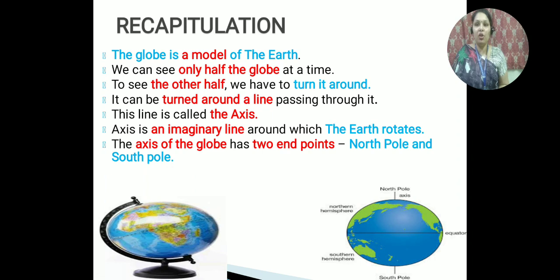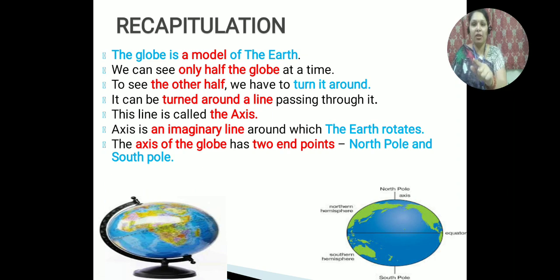The axis of the globe has two end points. And what is the name of those end points? The North Pole and the South Pole. On the right hand side of the slide, we have a picture of a globe where you can see an axis line going from north to south, passing through the earth.